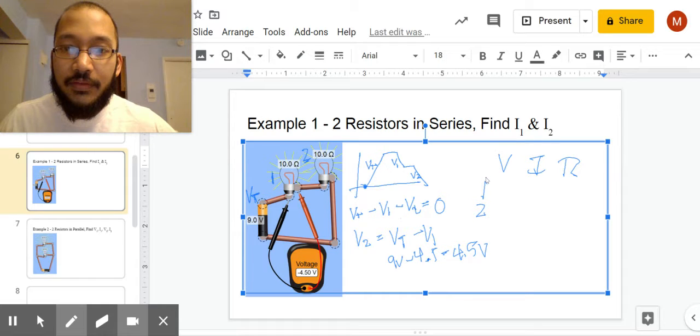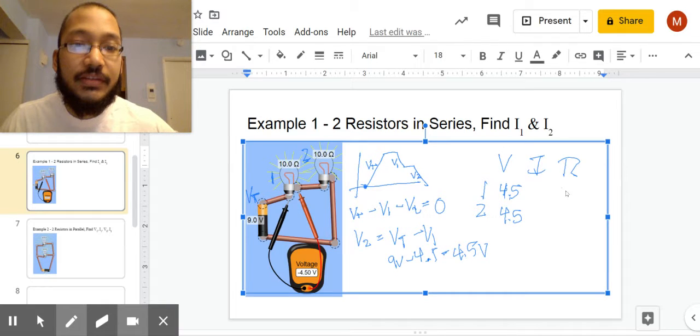So the voltage across resistor 1, I was given that that's 4.5, and what I just used the loop rule to solve for was that V2 is also 4.5. And the resistances are shown in the diagram. That's just 10.